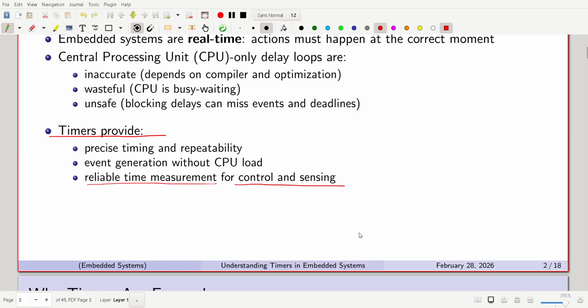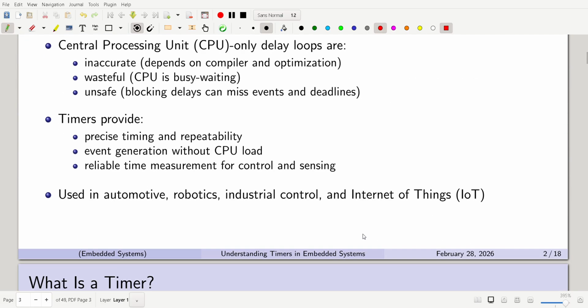Embedded systems are everywhere in automotive, robotics, industrial control, and IoT, the Internet of Things. So wherever an embedded system is involved, of course timers are part of it.